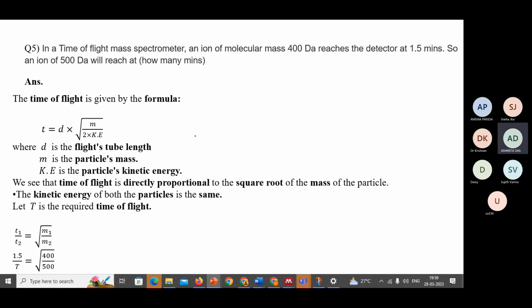Here we use the simple formula. Now the writing is visible. Kinetic energy equals half mv square. We use the formula.